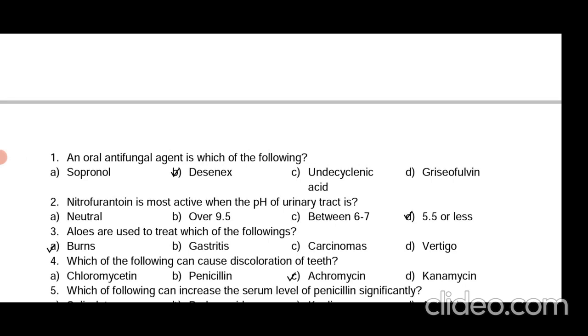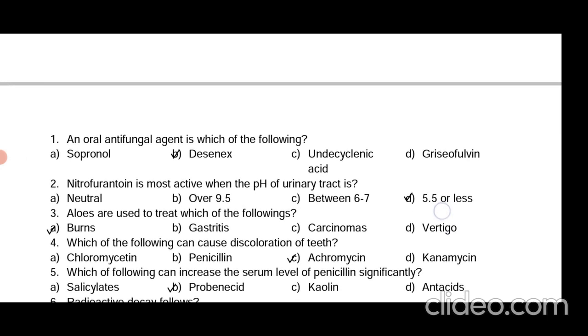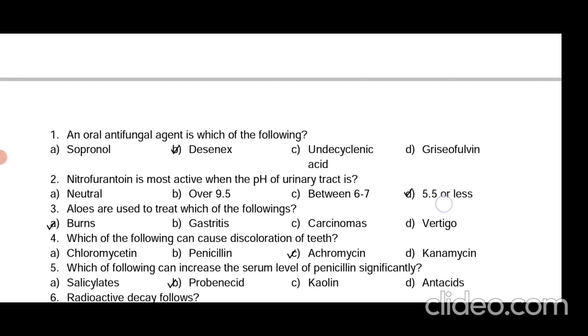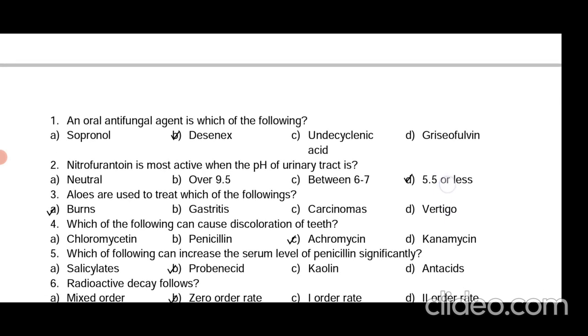Nitrofurantoin is most active when the pH of the urinary tract is less than 5.5. Aloe is used to treat burns. Which of the following can cause discoloration of teeth? Achromycin. Which of the following can increase the serum level of penicillin significantly? Probenecid can increase the serum level of penicillin.